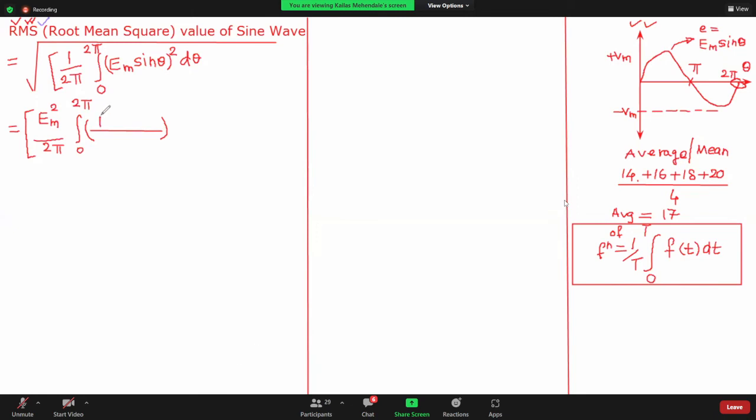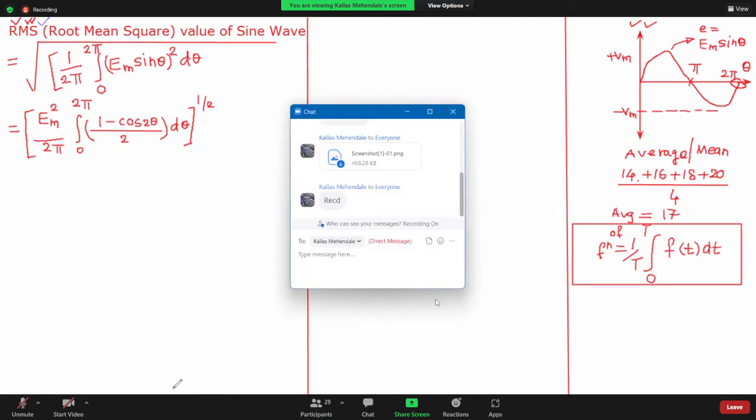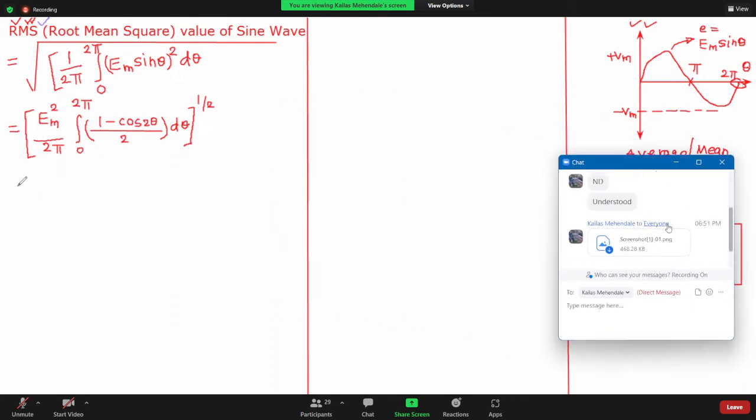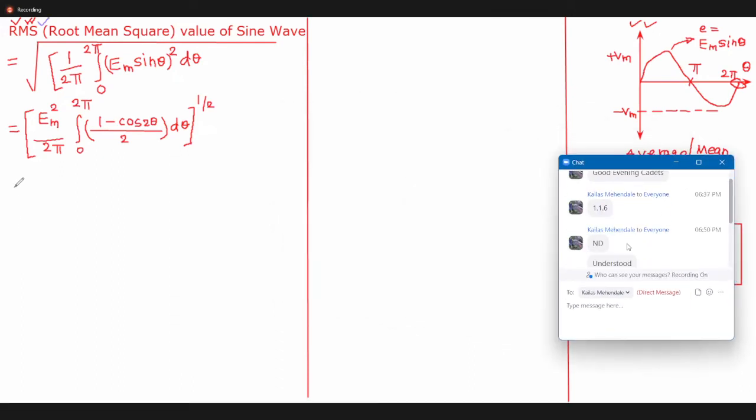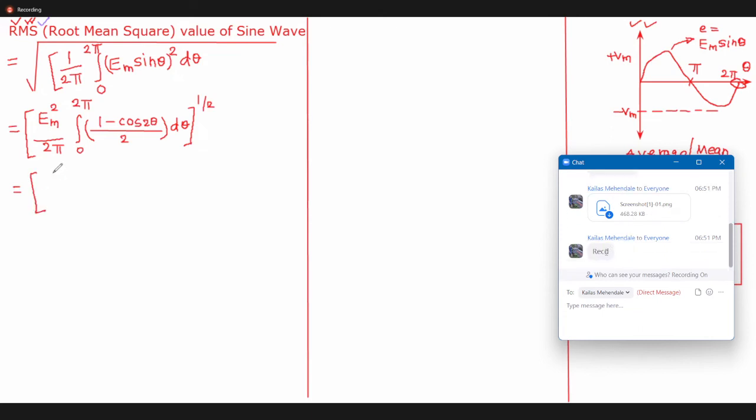So I write down 1 minus cos 2 theta by 2, then d theta. And not to forget, the whole thing is under root. So let us continue further. Em square.